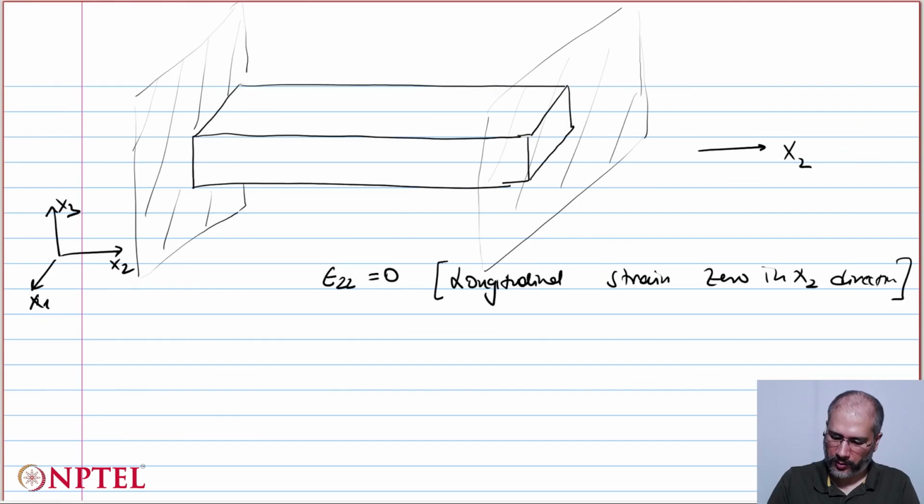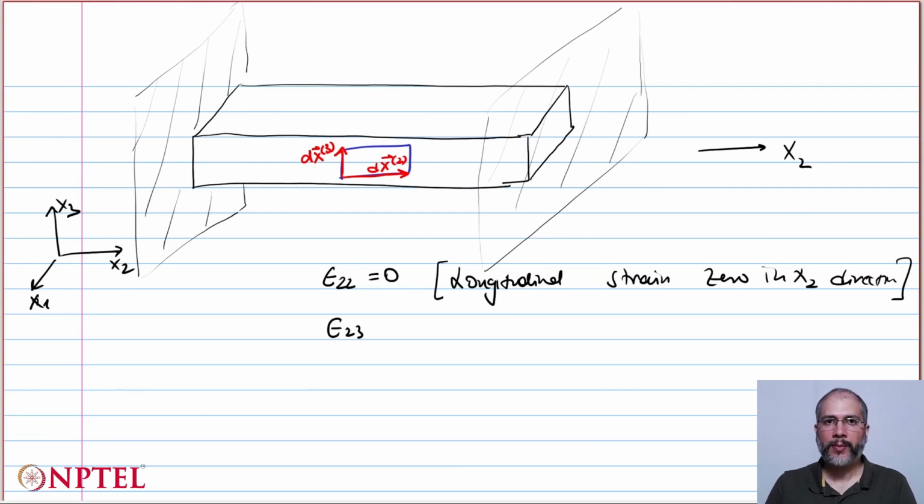And now let's think of an element on the x2 x3 plane such that this is dX vector in the 2 direction, and this is the dX vector in the 3 direction. And when the deformation happens, you know that epsilon 23 denotes the change in angle between the dx2 vector and dx3 vector.